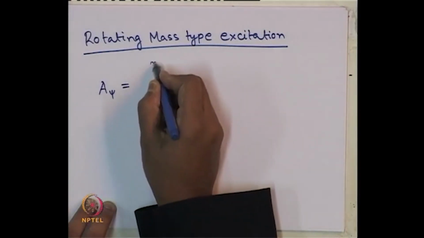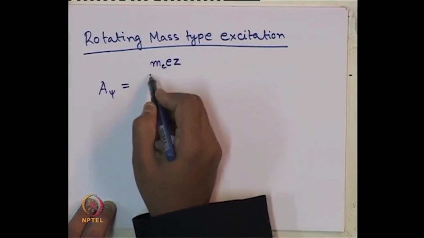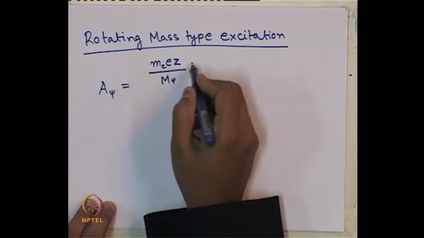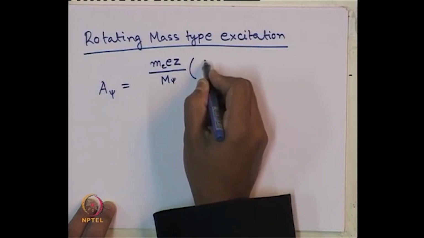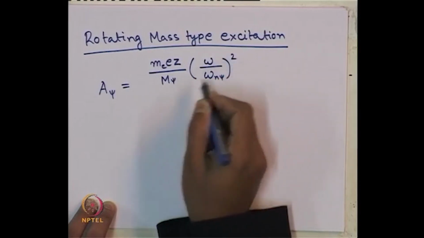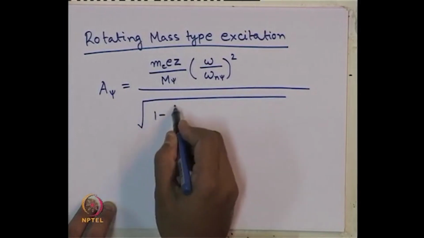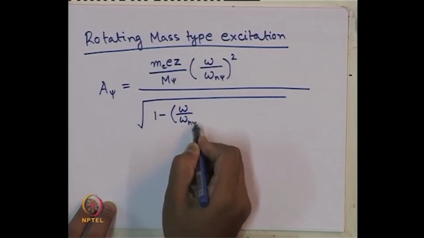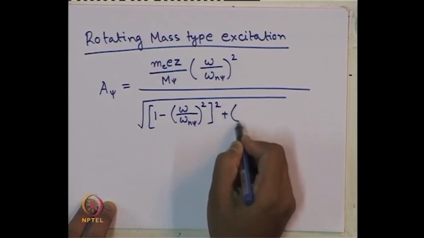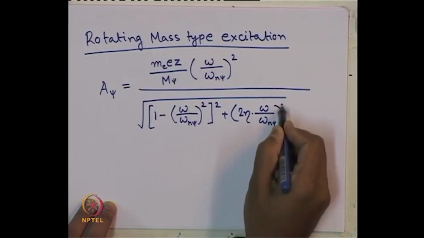That is m e e z by m psi times omega by omega n psi whole square by root over 1 minus omega by omega n psi whole square, that square plus 2 eta omega by omega n psi whole square.